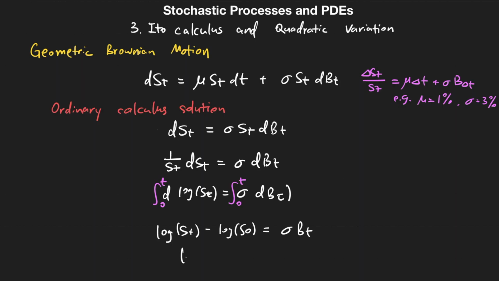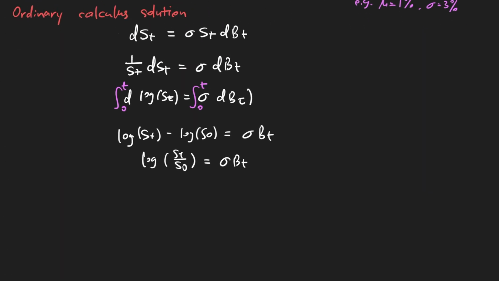We can merge the logs as the ratio between S_t and S_0, which equals sigma times B_t. And then we basically have S_t equals S_0 times exponential of sigma times B_t. So that is the solution.